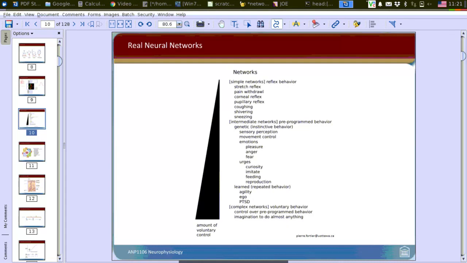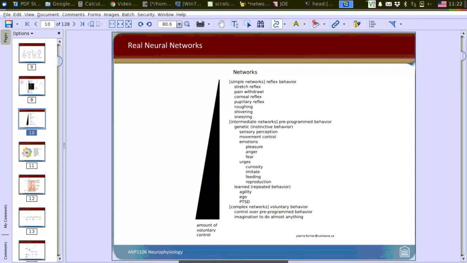The last type of network would be the complex networks. Those are the ones that allow your language and cognition, which is superior to all other animals and is used for analyzing information.